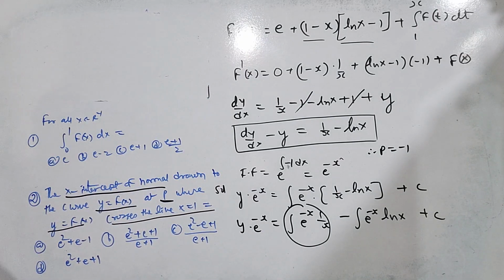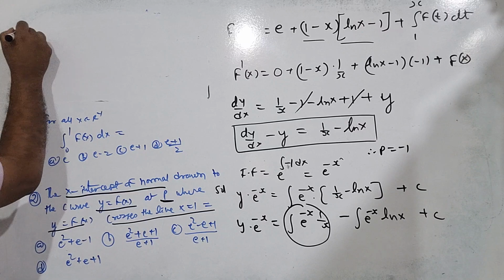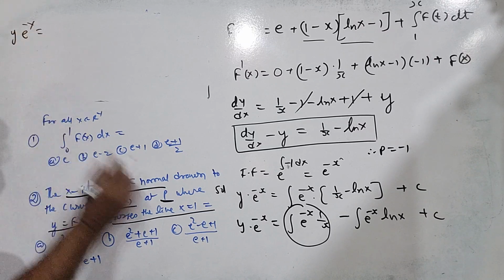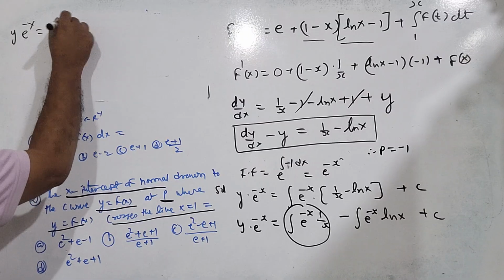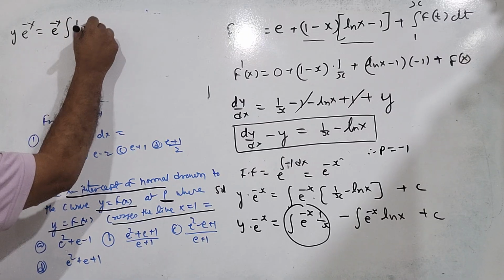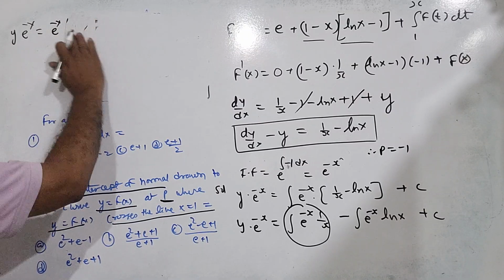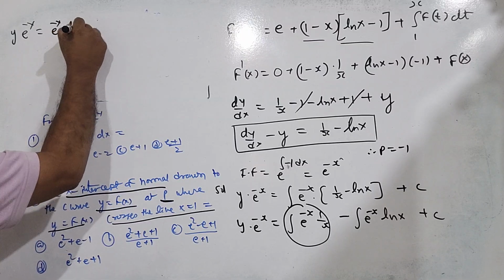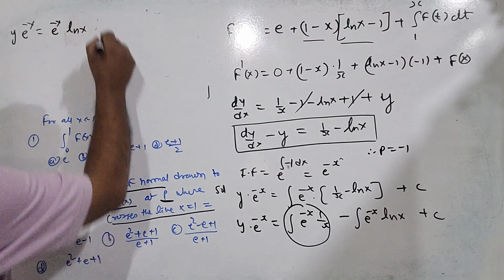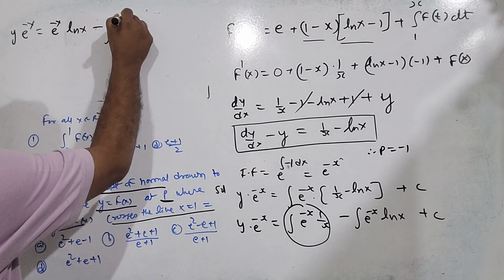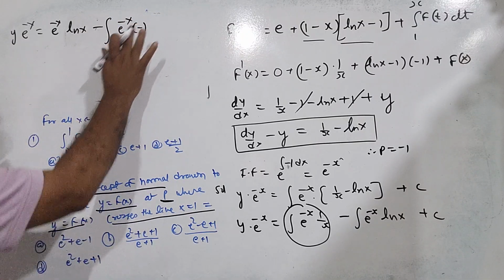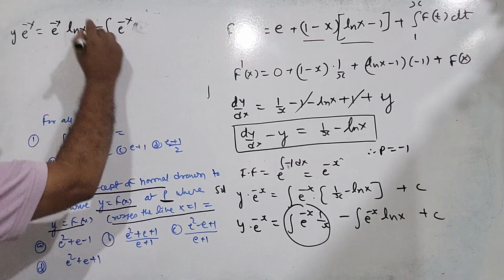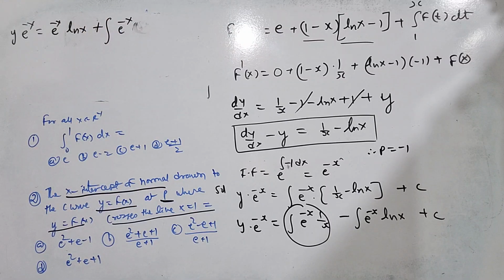Okay, so this is what y e to the power minus x, first function is e to the power minus x into integration of 1 upon x dx. Integration of 1 upon x dx is ln x, correct? Then minus derivative of e to the power minus x is e to the power minus x into minus, this minus will come over here, it will become plus, correct?